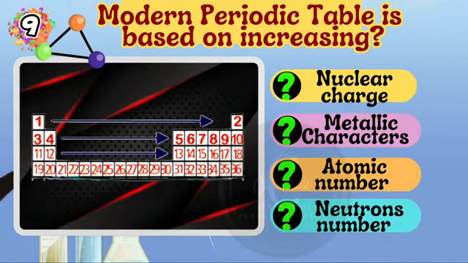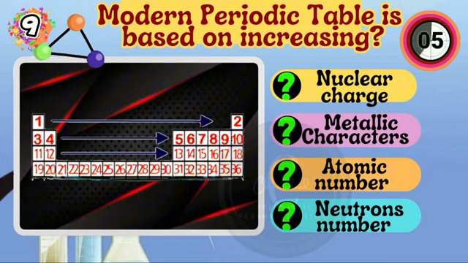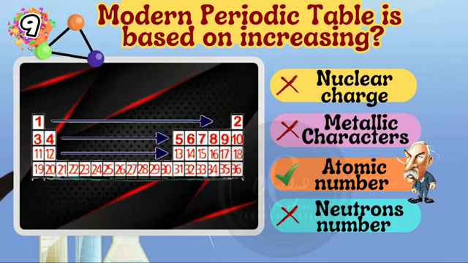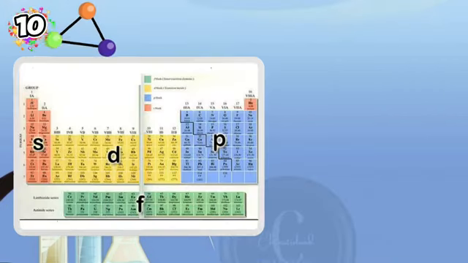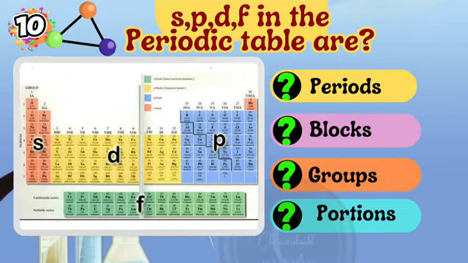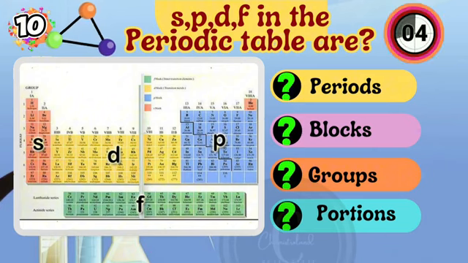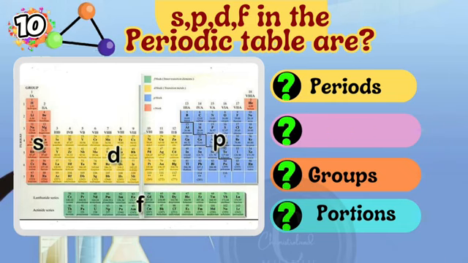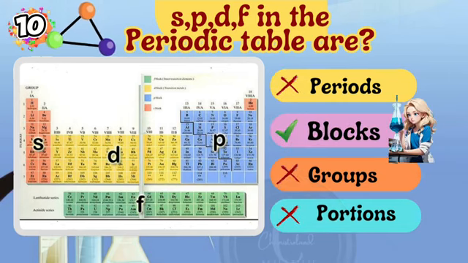Modern periodic table is based on increasing... Right answer is atomic number. SPDF in the periodic table are... SPDF are blocks.